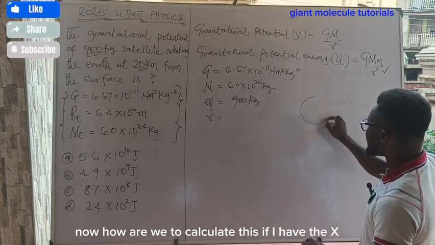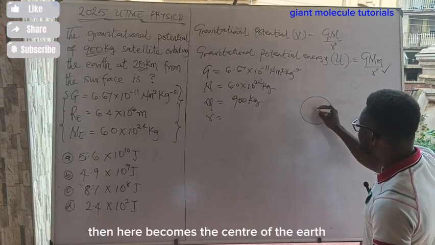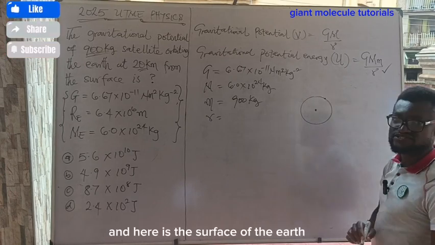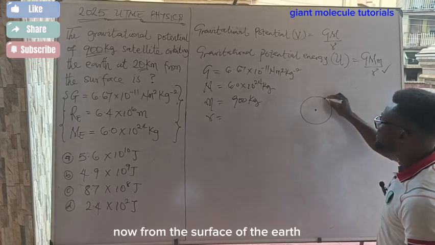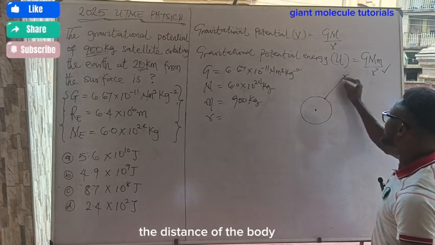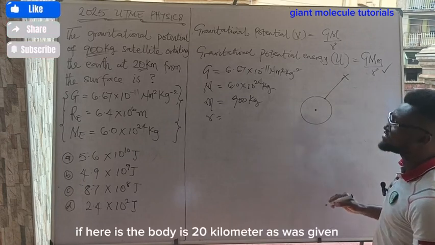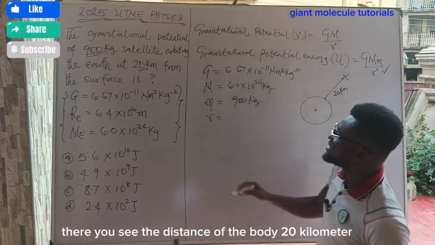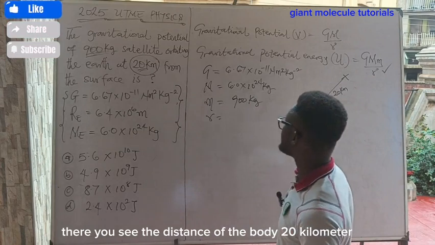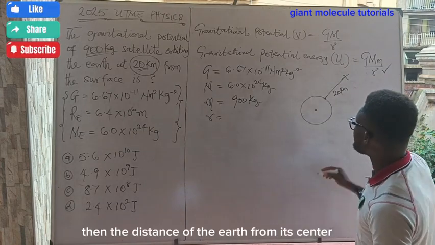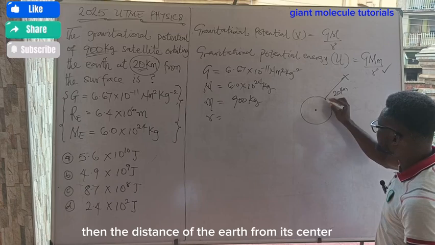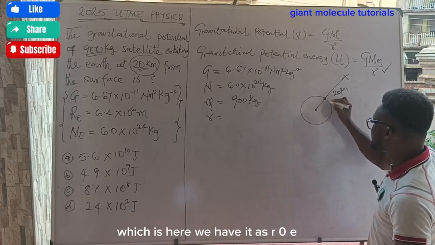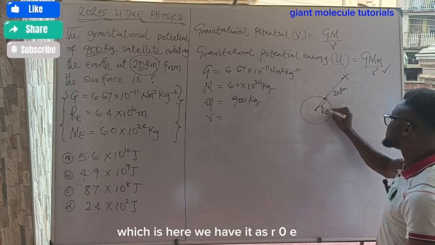If I have the Earth, then here it becomes the center of the Earth. And here is the surface of the Earth. Now, from the surface of the Earth, the distance of the body, if here is the body, is 20 kilometers, as was given there. You see the distance of the body, 20 kilometers. Then, the distance of the Earth from its center, which is here, we have it as RE.